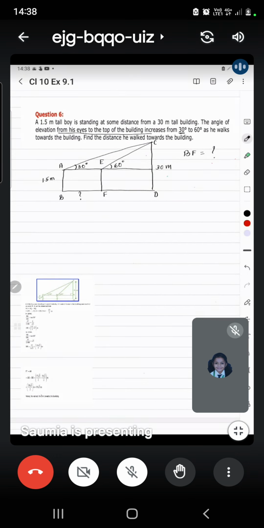Now, from the old position as well as the new position, he is looking up at the top of the building. So he makes an angle of elevation. And the question says, angle of elevation changes from 30 to 60. That means it was 30 earlier, now it is 60. So from the old position 30, from the new position 60.